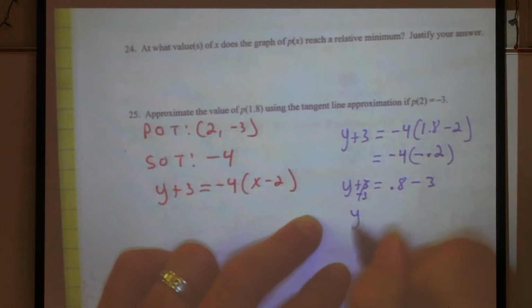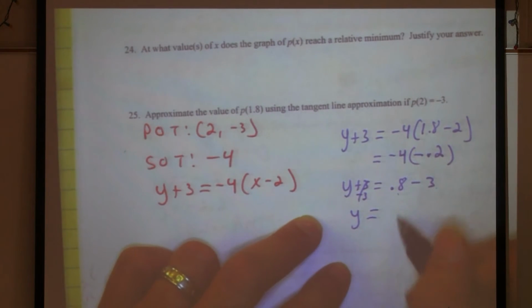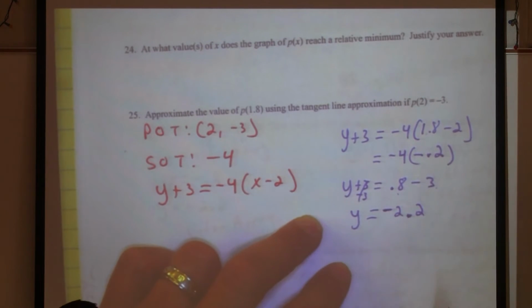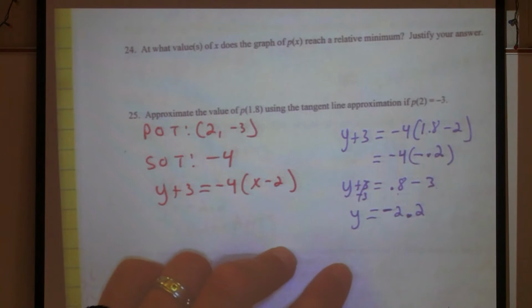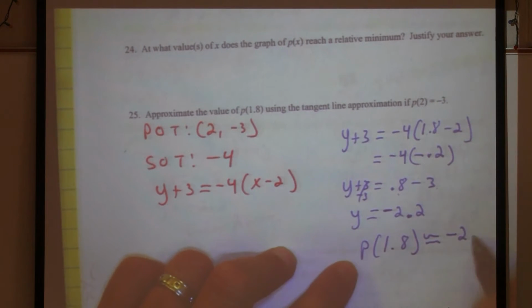So $3 take away 80 cents, $2.20. Which one was greater? The 3, so it's a negative. Do I just leave it like that? No, we say P of 1.8 is approximately -2.2.